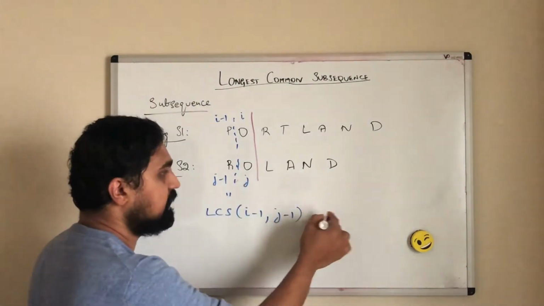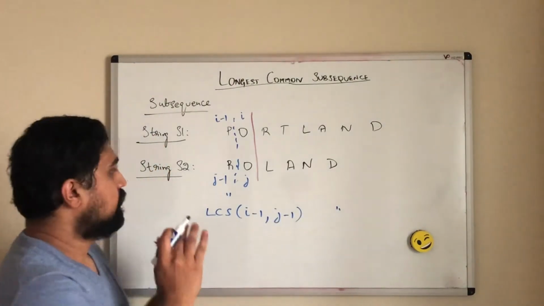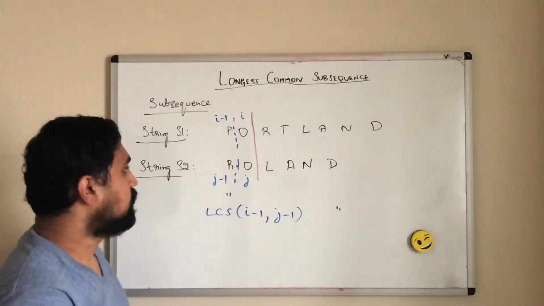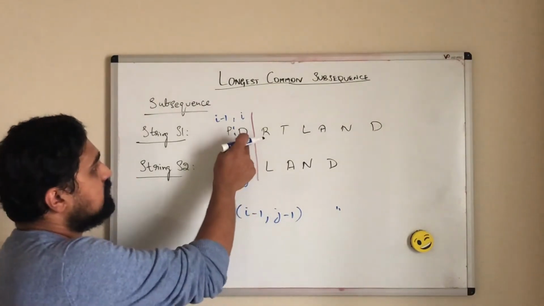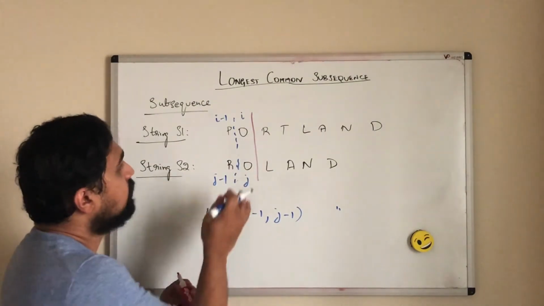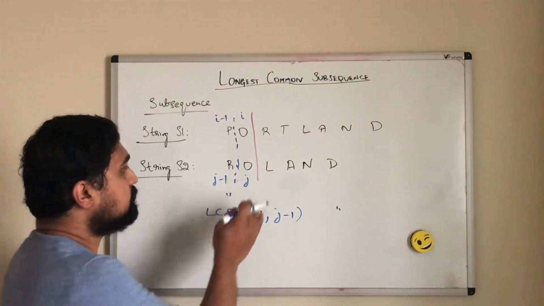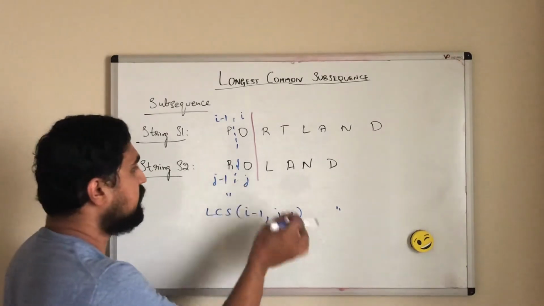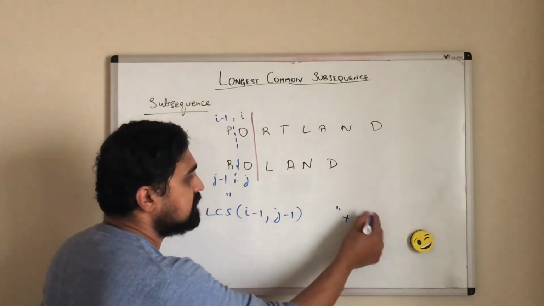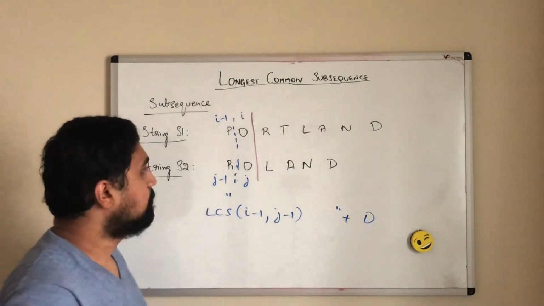In this case, it's basically the empty string. Now, when we compare these two characters here, this is O and this is O. So there is a match. So the longest common subsequence till this point would be whatever we had till here, that is the empty string, plus this character O, isn't it?